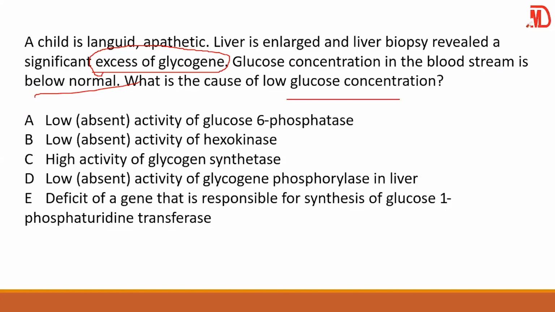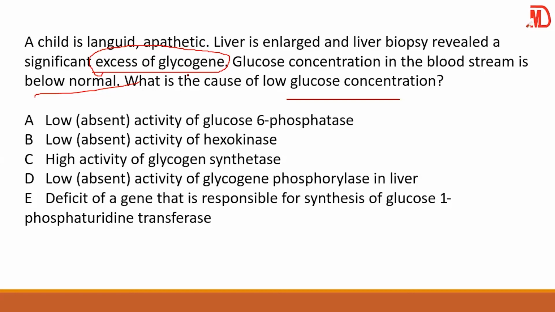Normally, what helps us release sugar from stored glycogen, because sugar is stored in the form of glycogen? To release the glucose out, it has to use an enzyme called glycogen phosphorylase. So in the case where there is a deficiency of glycogen phosphorylase, the glucose cannot come out, even though the body needs it.